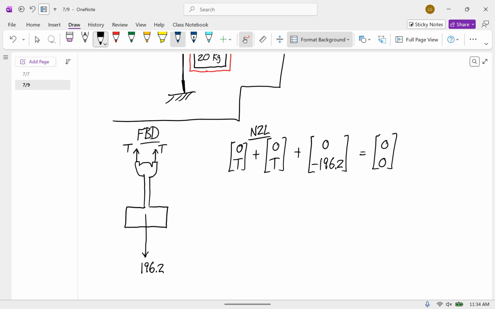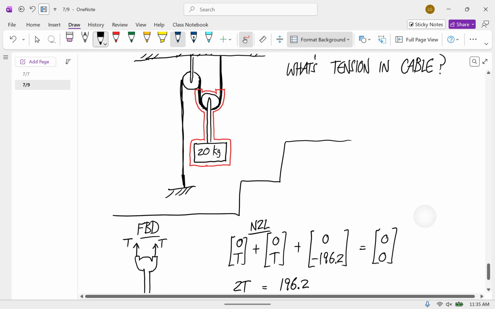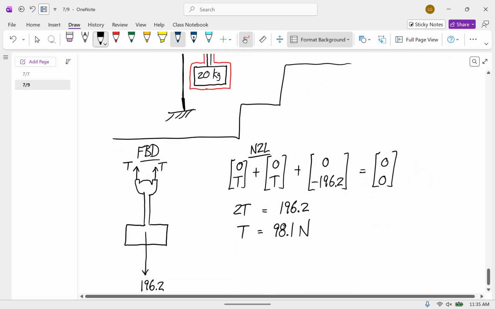The x equation doesn't give us anything, but the y equation says 2T is equal to 196.2. And so T, the tension in that cable, is 98.1 newtons. So this configuration has cut the required tension in that cable to hold this up in half.